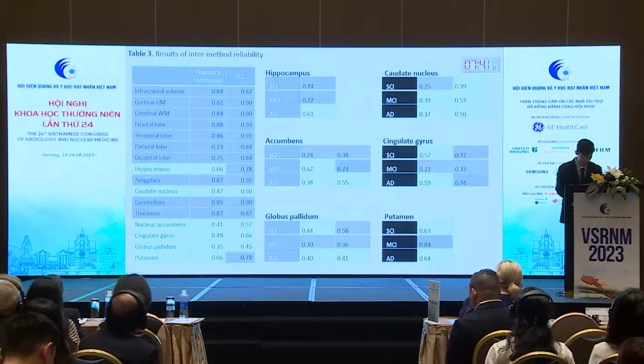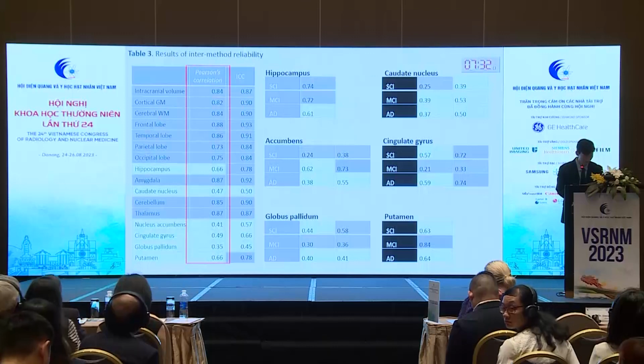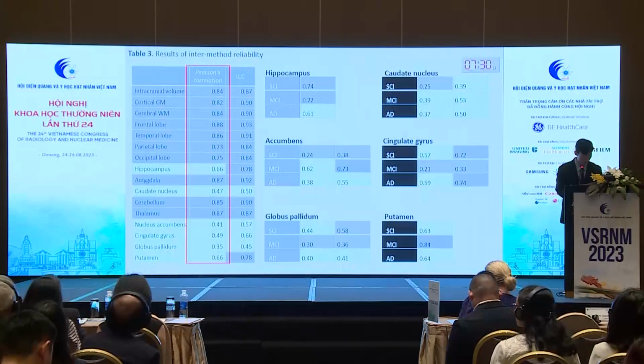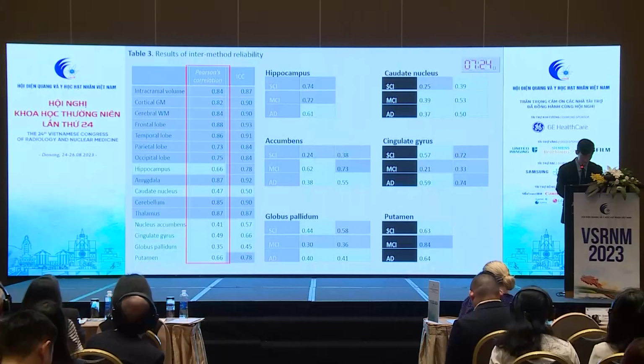We also assessed the inter-method reliability between the 2 software utilizing Pearson's correlation and intraclass correlation coefficient. In terms of Pearson's correlations, most brain regions exhibit statistically significant correlation regardless of the clinical diagnosis. These regions showed moderate to strong linear correlation across all groups.